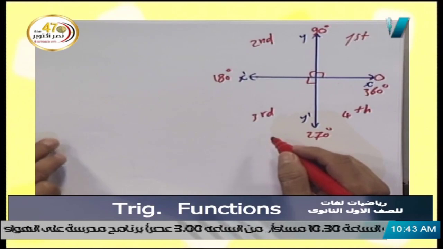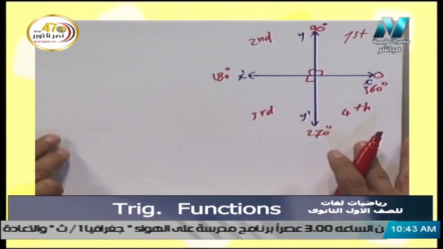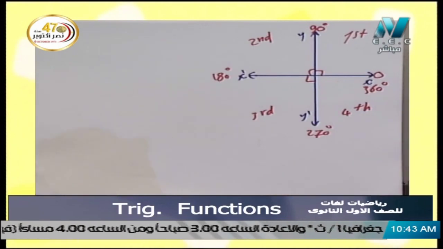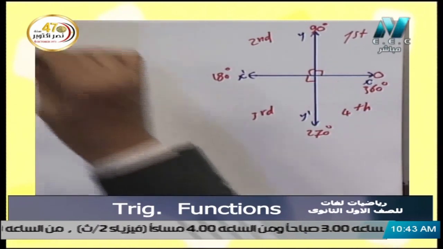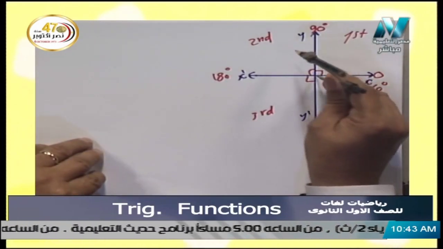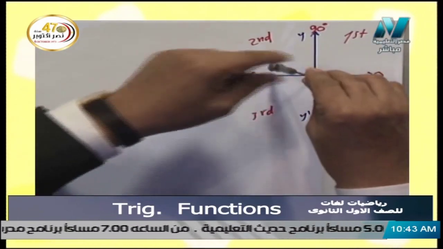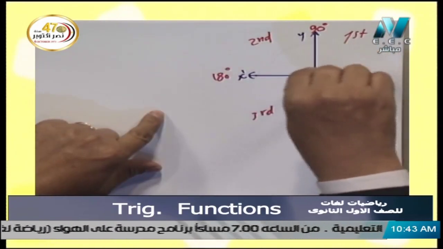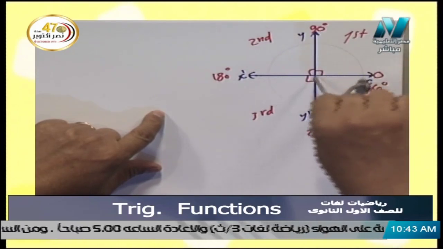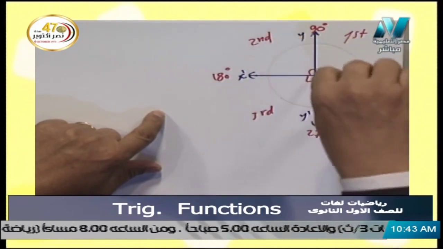Okay, we know about x and y. If we draw a unit circle here, remember that the unit circle's center is the origin point and its radius is one unit. Unit, as we said, means 1 centimeter or 1 meter.